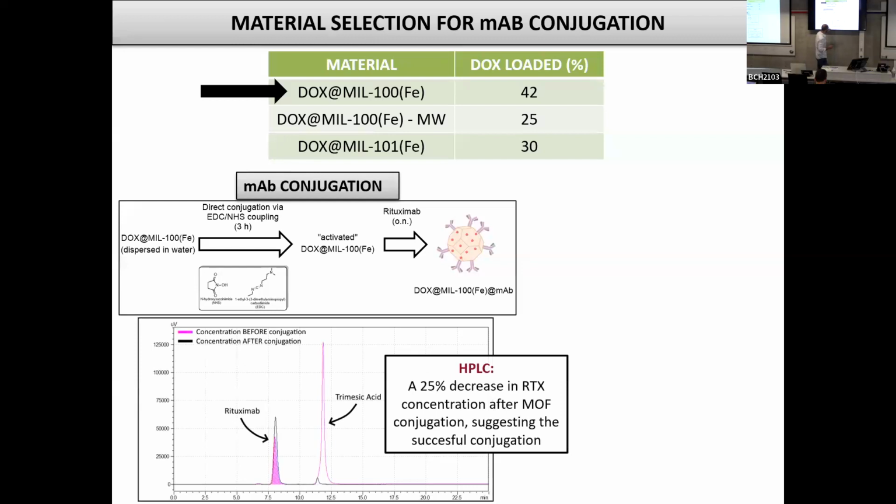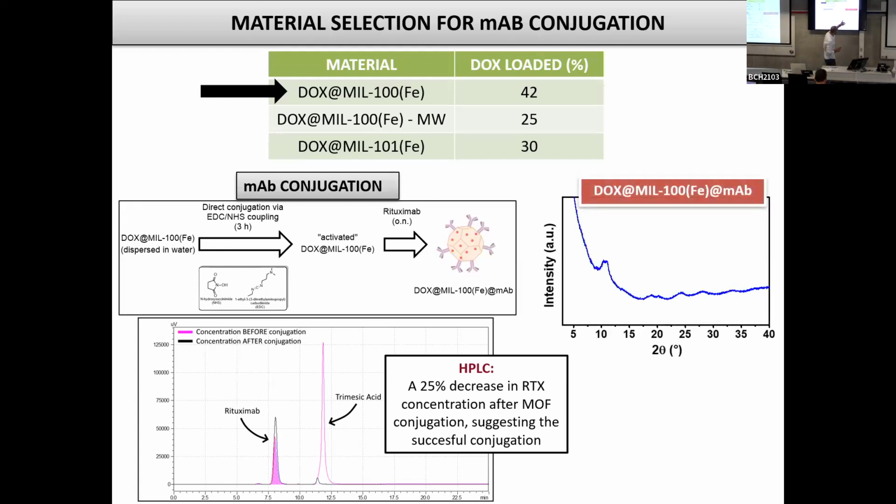We confirmed this binding through HPLC analysis of the solution containing the monoclonal antibody before and after the reaction. We confirmed also the nature of the material after the synthesis, albeit a small erosion, a small loss of crystallinity has been observed.